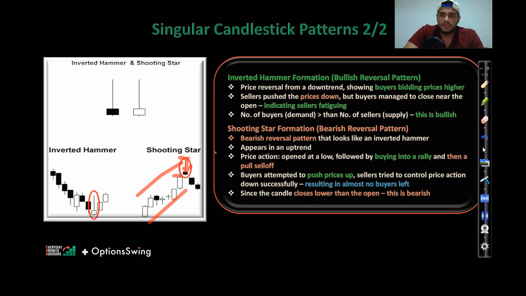So this often results in no buyers left, and then a downtrend like that. So you could trade this when you see the shooting star. The shooting star appears on the top, so it's easy to remember. The inverted hammer appears on the bottom. So stay tuned for part 2, where I'm going to get into the double and the triple candlestick patterns.